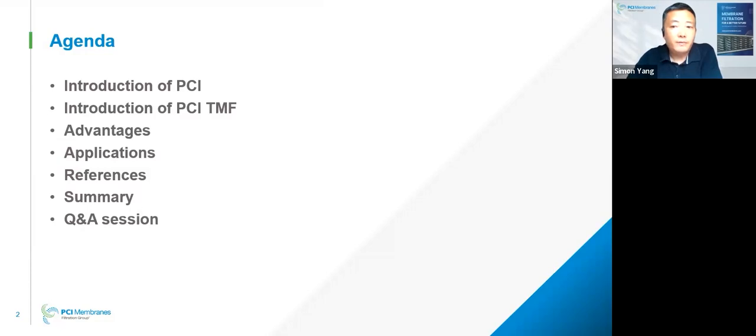Then we'll talk about the features and the corresponding advantages of TMF when applied in some suitable fields. After that, I'll illustrate a few typical applications, followed by some real project reference sharing. With a brief summary, we'll move to the Q&A session where I'll be more than happy to answer your questions.